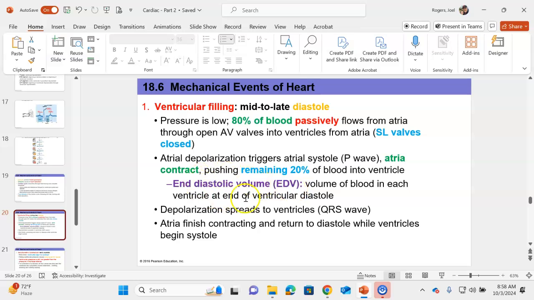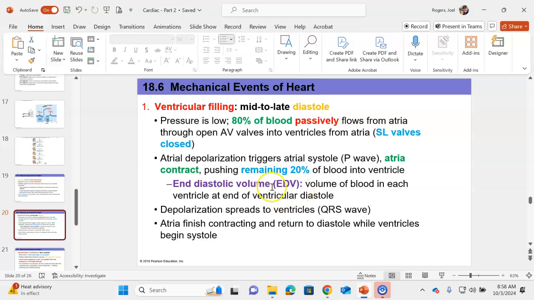Okay, so end diastolic volume, EDV. It sounds like a Law and Order series. Law and Order, or FBI, EDV. Okay, so the volume of blood in the ventricles at the end of diastole. So at the end of that period of time when they've relaxed and they're full of blood and ready to contract and ready to push out their blood, that's what EDV is.